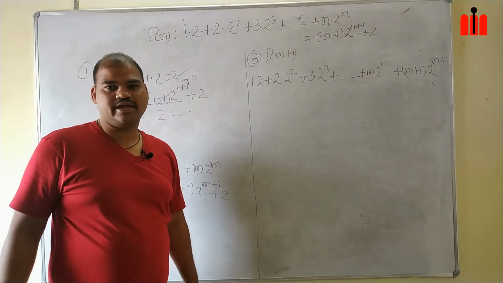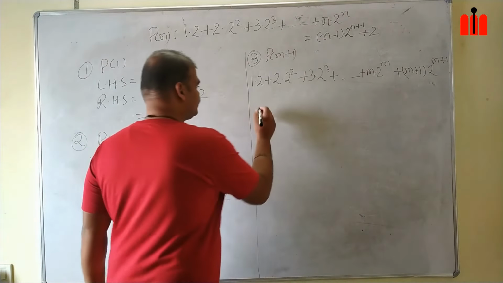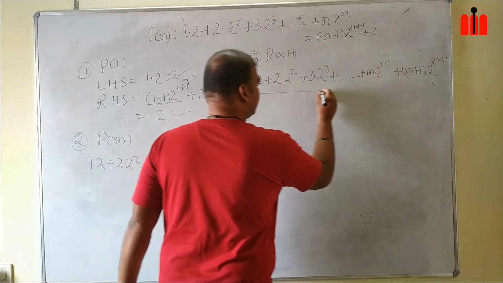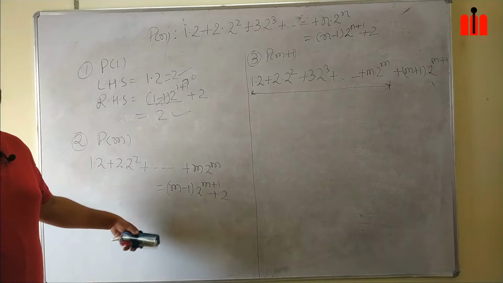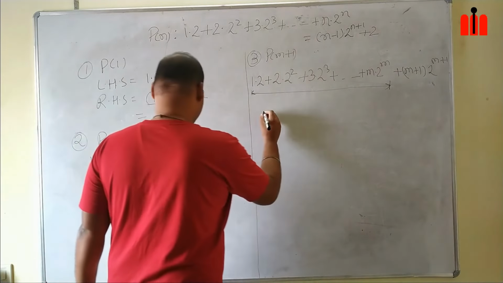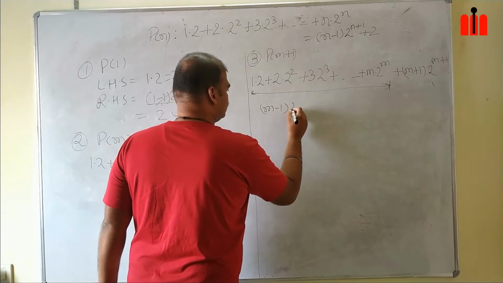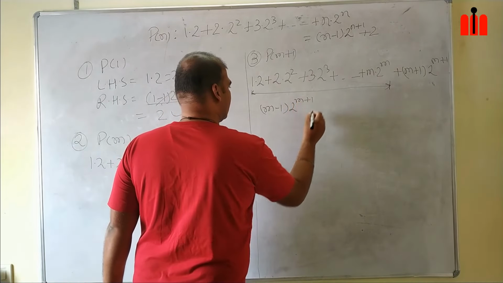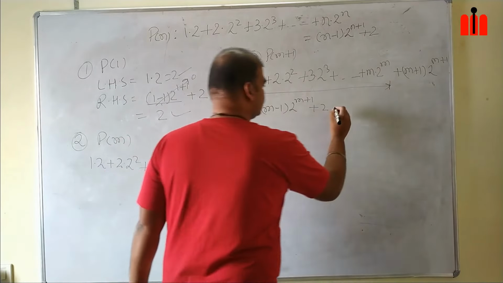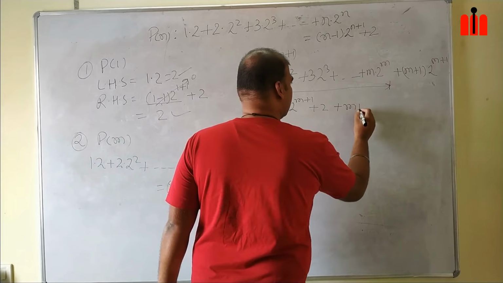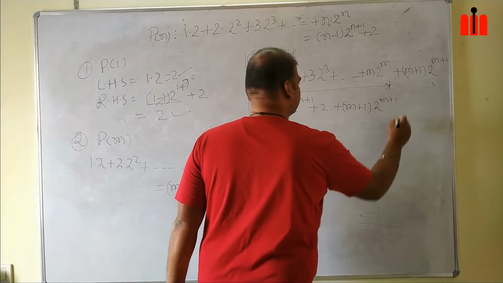This will be my LHS for P(m plus 1). Now this entire m terms you substitute from P(m). So you will get (m minus 1) into 2 to the power of m plus 1, plus 2, plus (m plus 1) into 2 to the power of m plus 1.